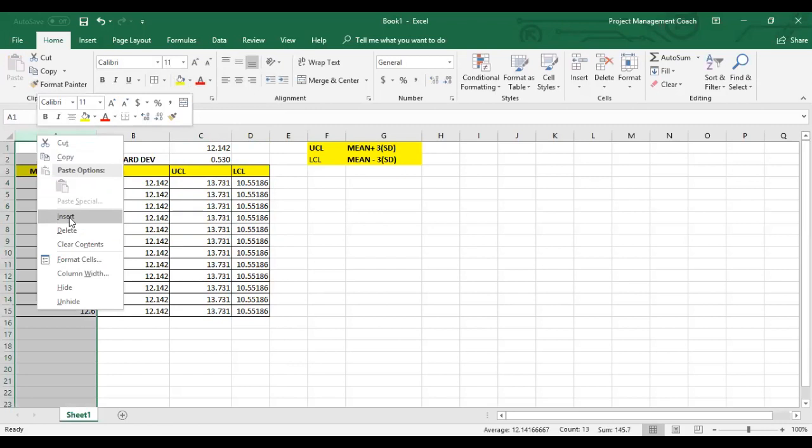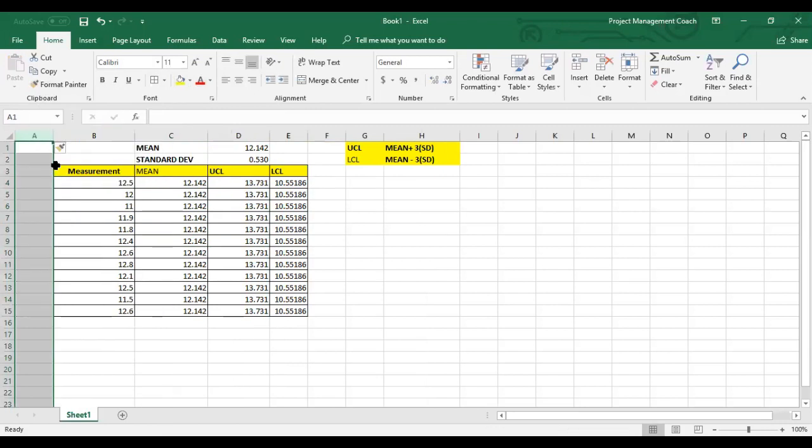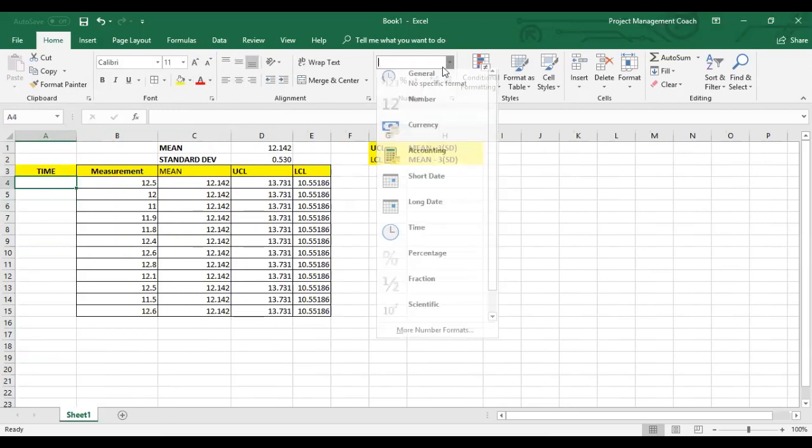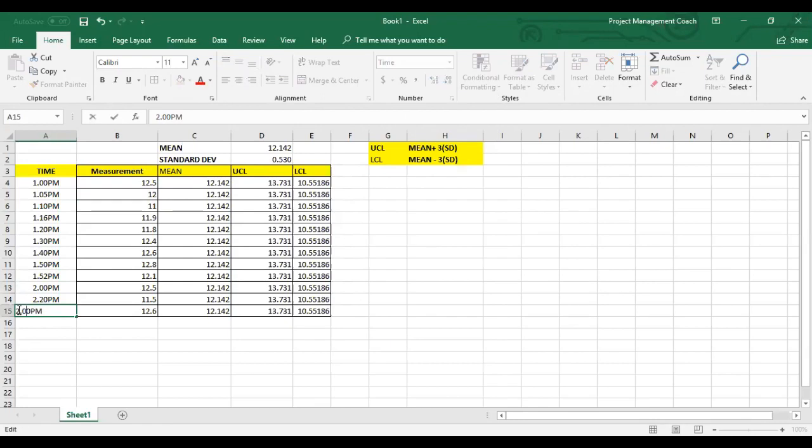I'll go in here and create the time of occurrence, and I'll just put in some random times here. Let's use the time format. All right, I really wanted to give you a clear picture of what exactly is happening.